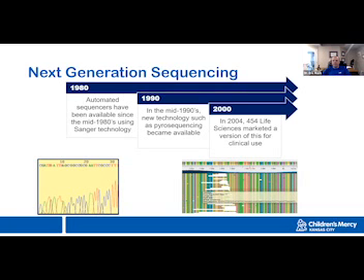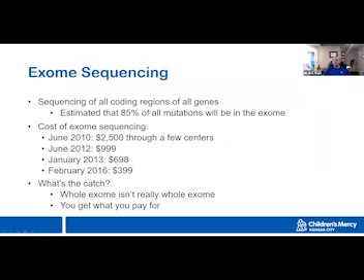We were behind the ball on everything with the Human Genome Project, so we needed better technology, better tools. We did the first chromosome in 9 years, and then we did all the rest in the next 4 years. So instead of being done in 2005 like intended, we were done by 2003 because these technologies are so much faster.